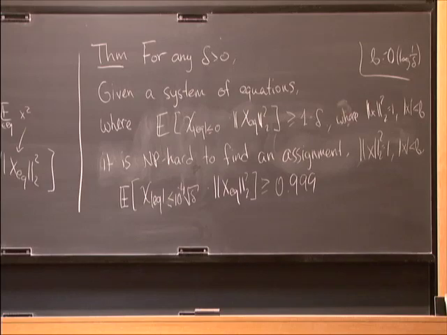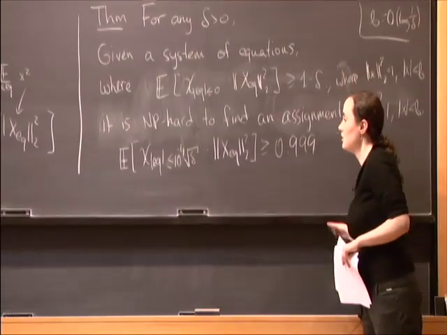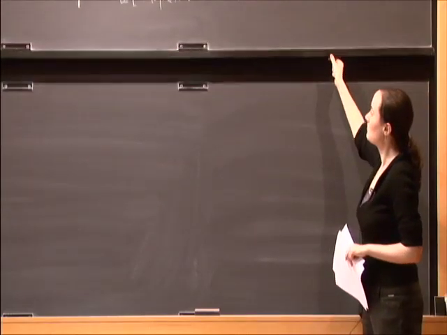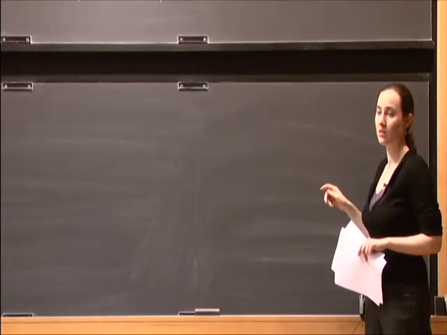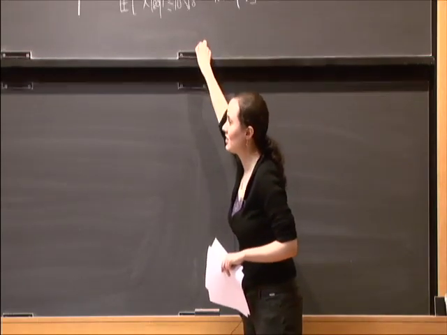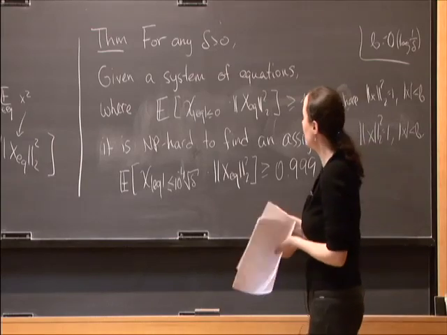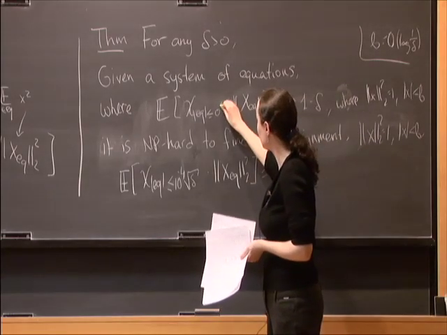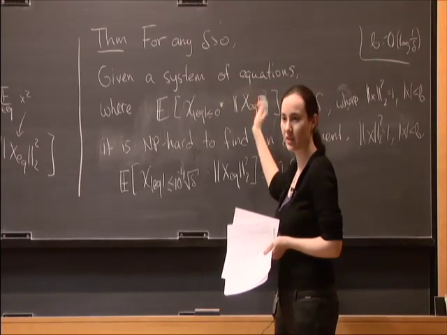Fine. So this is our theorem. Just to make sure, with some caveat. There is one actually little asterisk that I should put: that this is not zero, but this is going to be arbitrarily small and independent of anything else.